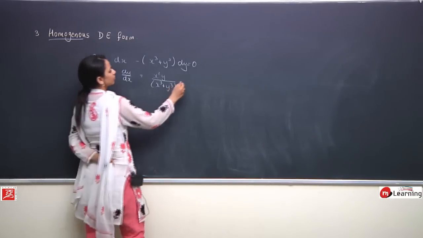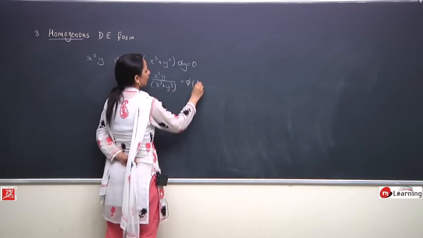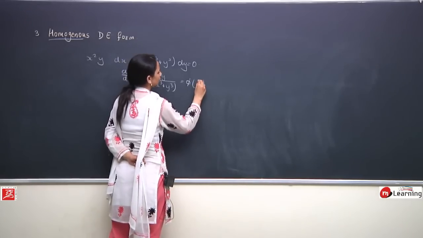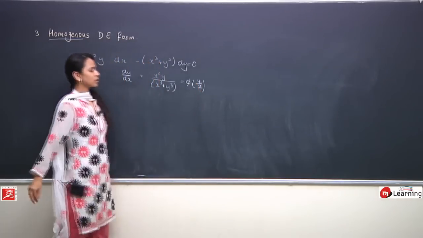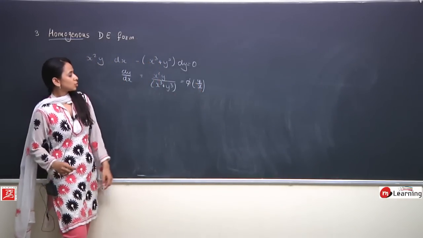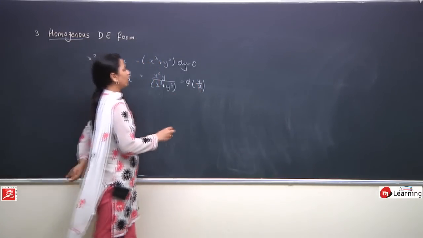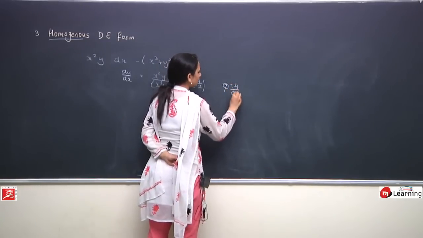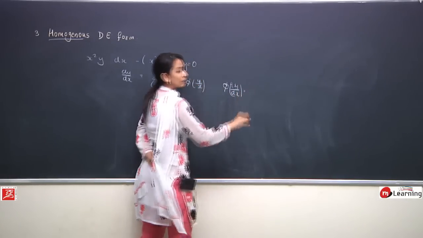Let us say this is some function phi of y by x. So let us try to find out phi of tx, ty, that is phi of ty by tx.